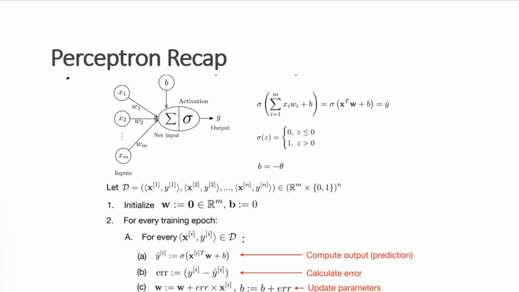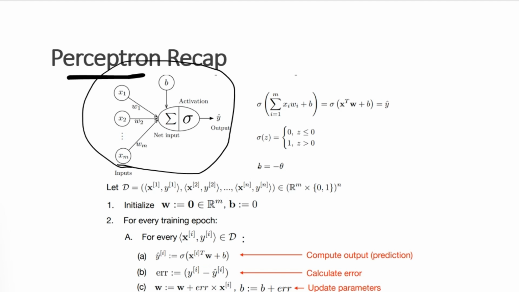Now, just to briefly recap our perceptron model here. So here is a sketch of our perceptron. What we compute is the net inputs, and then we update the weights. Here I mainly want to highlight what's going on again under the hood.